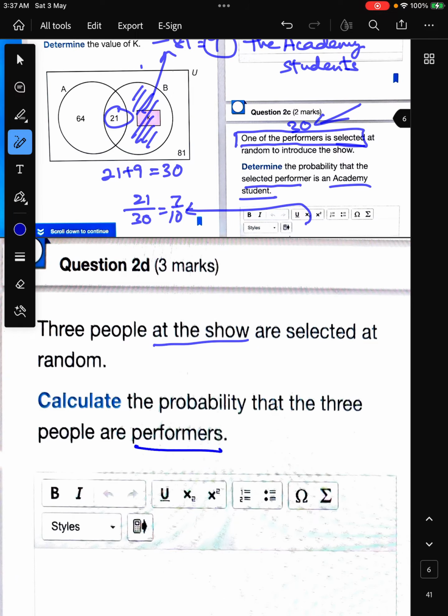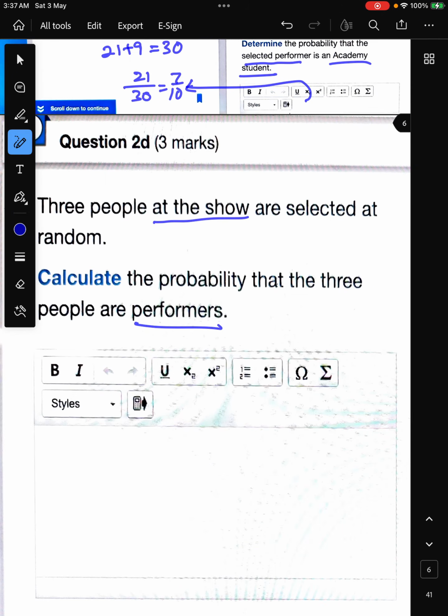Since we're looking at performers, the 3 people are performers, and we know that there are 30 performers, so we can start out with the probability of the first person being a performer, which is obviously 30 out of 175.